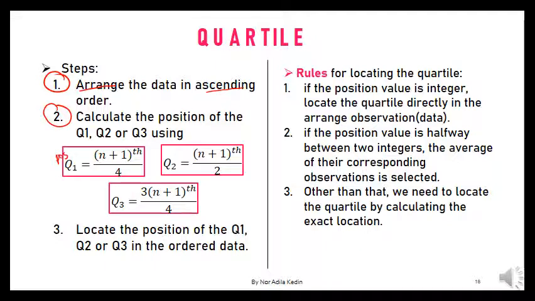Untuk calculate position for Q1, n plus 1 over 4. Untuk position for your Q2, n plus 1 over 2. And untuk position Q3 adalah 3 darab n tambah 1 over 4. Now, secara mudahnya, Q1 adalah 1/4 daripada n tambah 1.